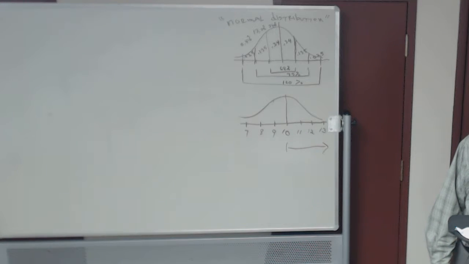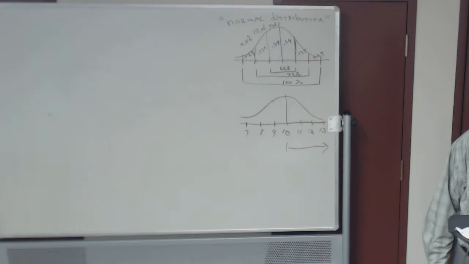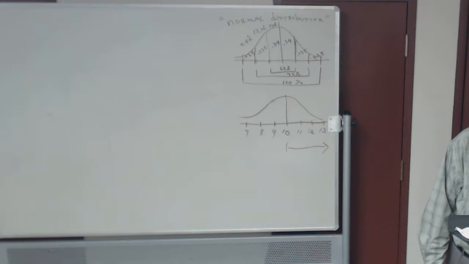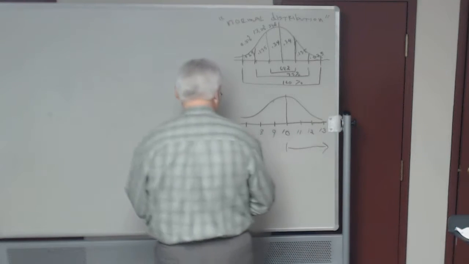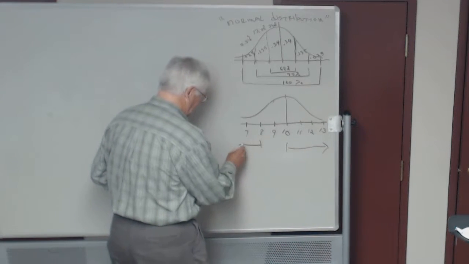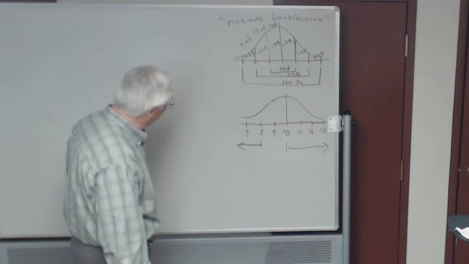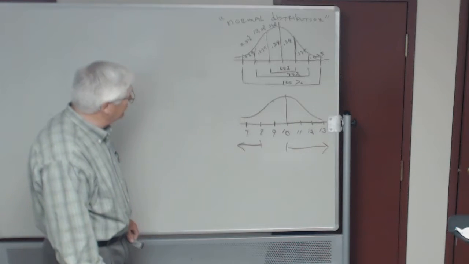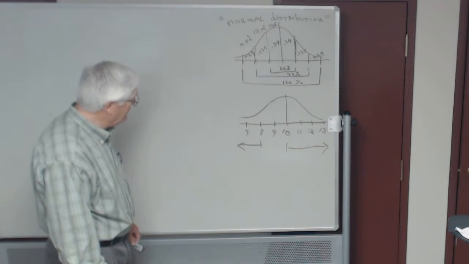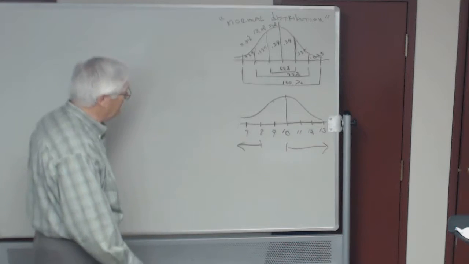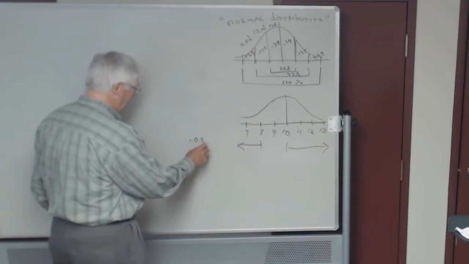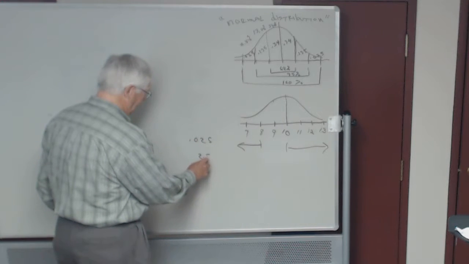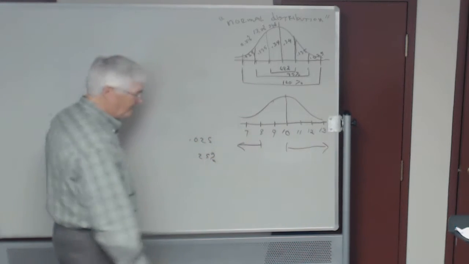So what's B? What's the probability that one of these lines has a breaking point of less than 8? Less than 8. And what would that be? 0.025 or 2.5%, right?